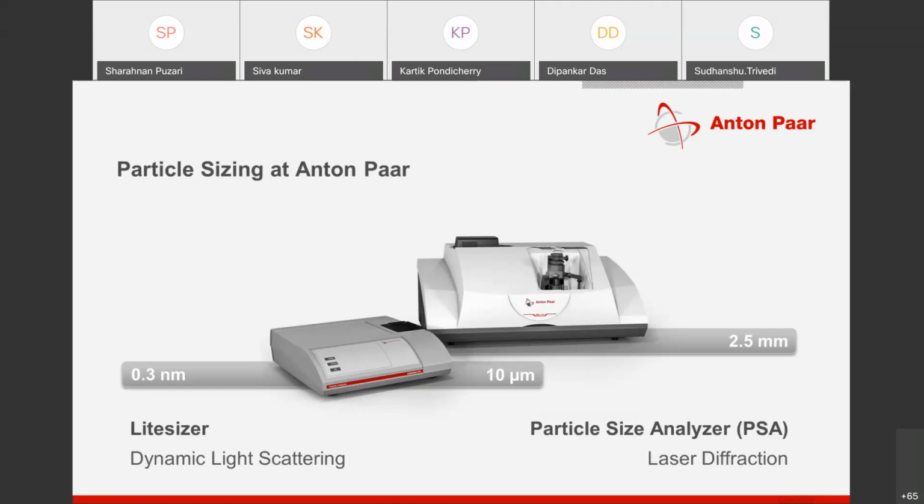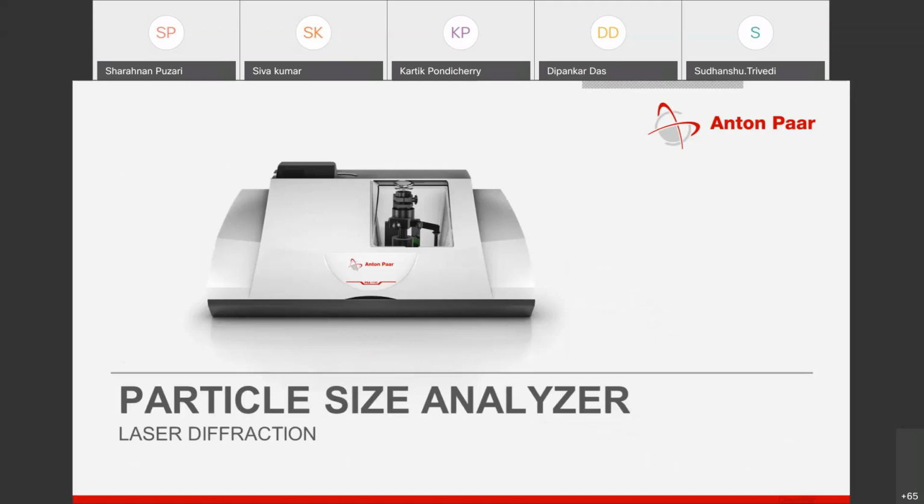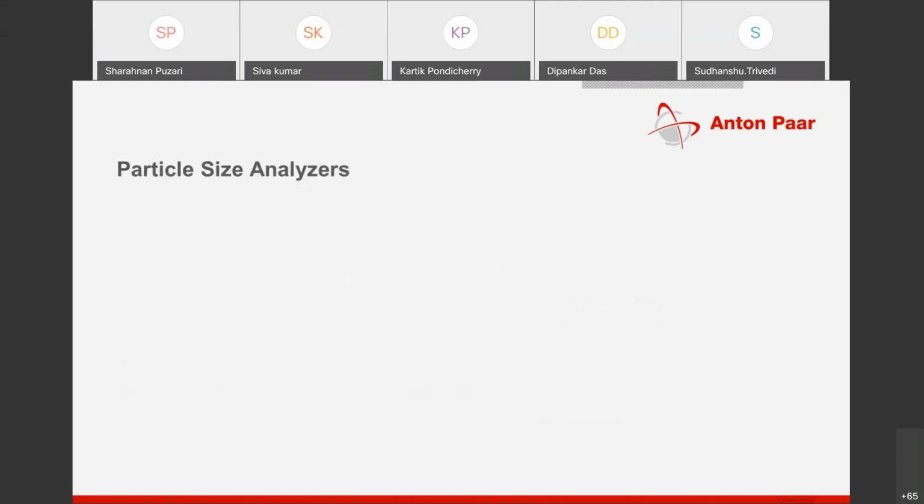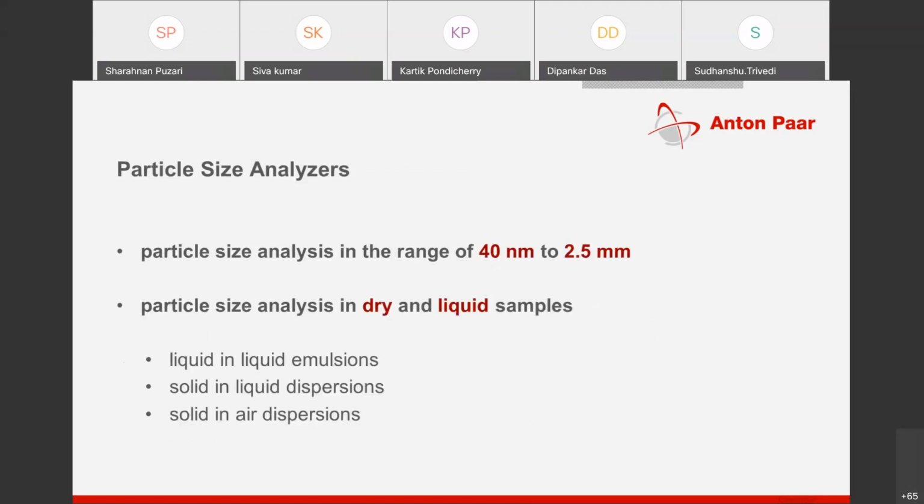So I will take you through the particle size analyzers a little bit now. Particle size analyzers basically cover the range of 40 nanometer to 2.5 mm. And you can do two kinds of analysis, that is dry analysis as well as liquid analysis. Liquid analysis may be liquid emulsions or solid in liquid dispersions, and dry analysis is solid in air dispersions.